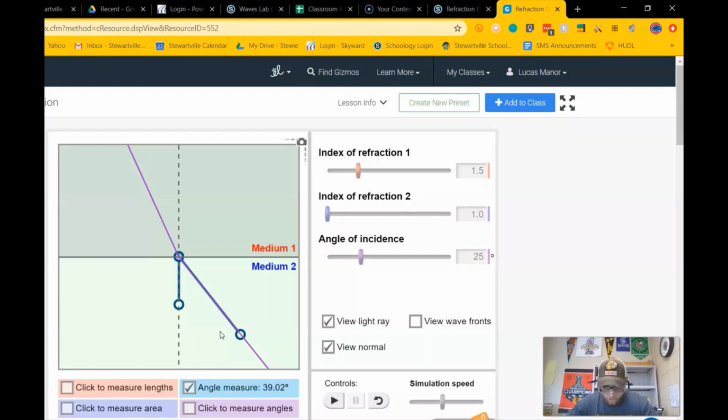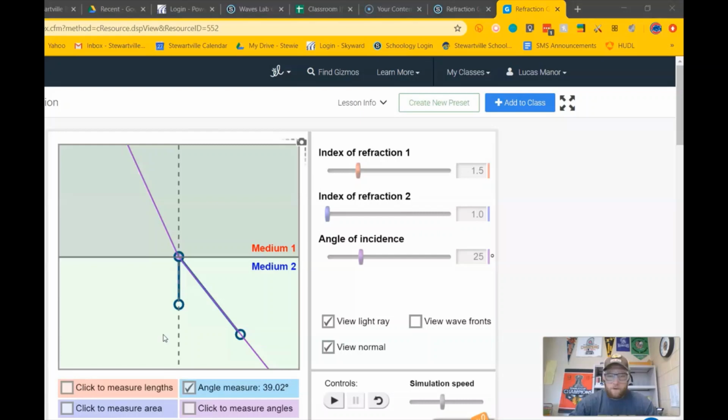So now to find our change in direction, we need to subtract our original angle of incidence, which is 25, from 39. And we get a change in direction of 14 degrees. That was tough. Nice mental math, Mr. Maynard.